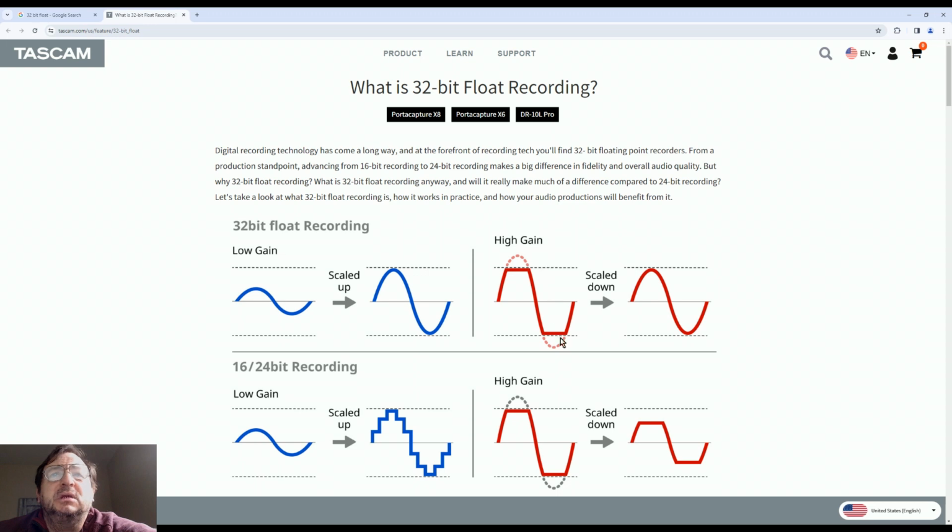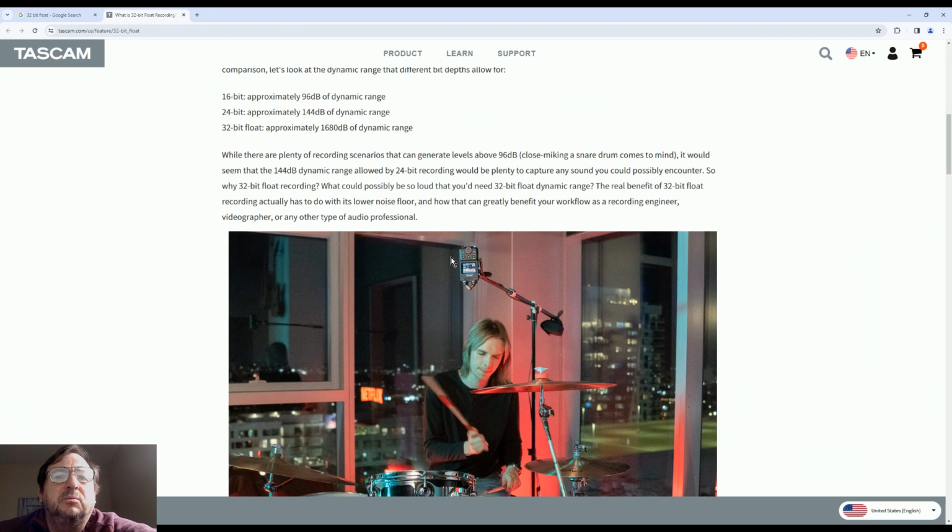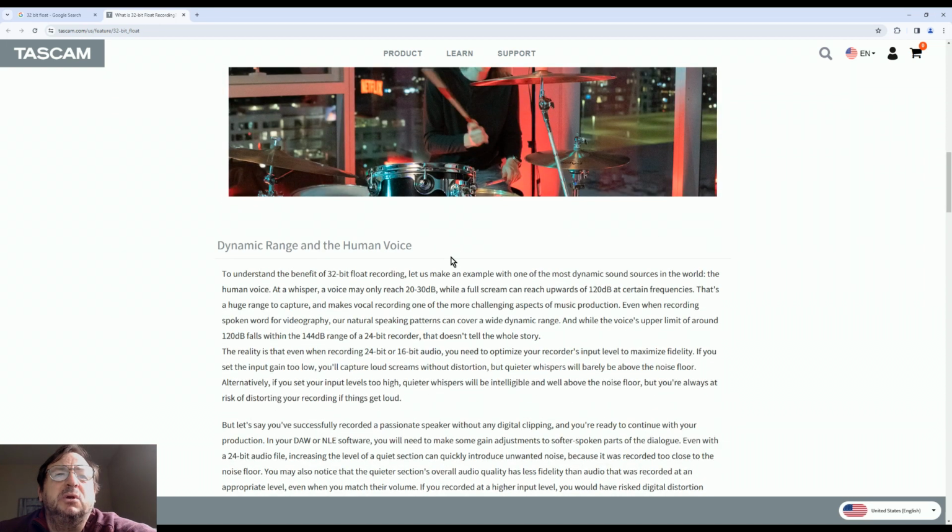So basically they talk here, Tascam. Dynamic range, those loudness, I guess. Maybe it will not go to, you know, like when you cry very loud, it starts to be distorted.